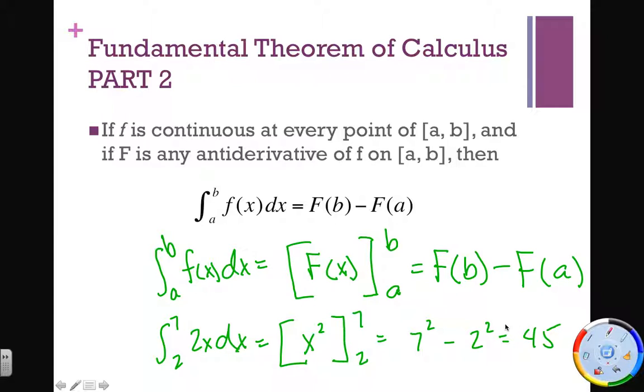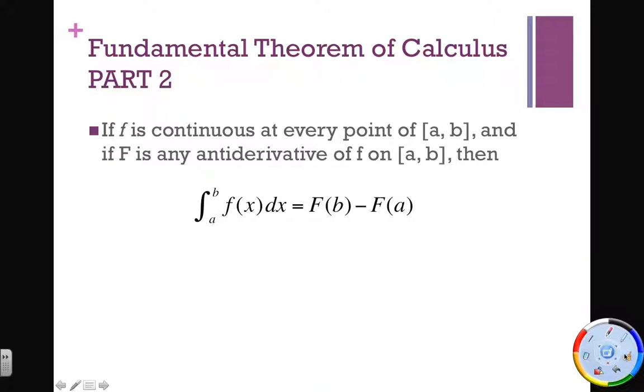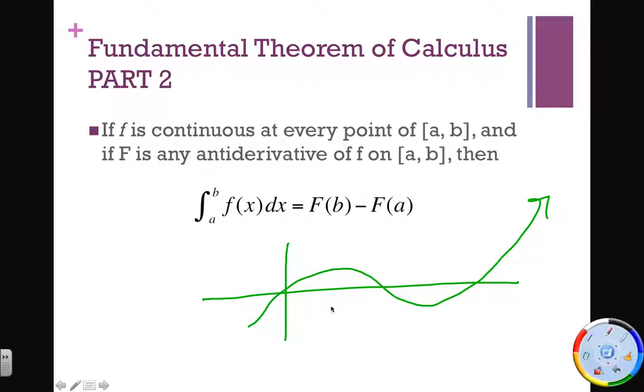All right. There might be times in here where you have to think about total area compared to net area. And that would be along the lines of a function that kind of does this. And we could look at the area here. Let's say it's from 0 to 7.